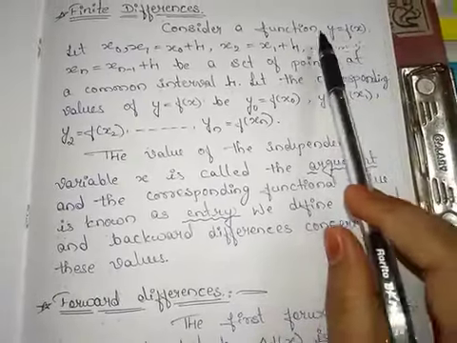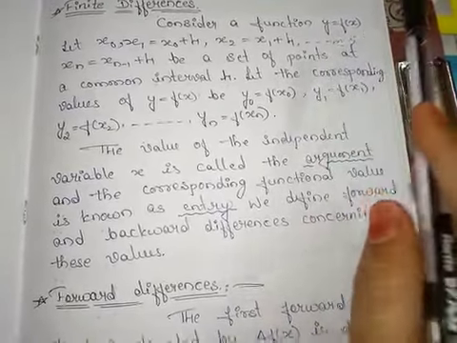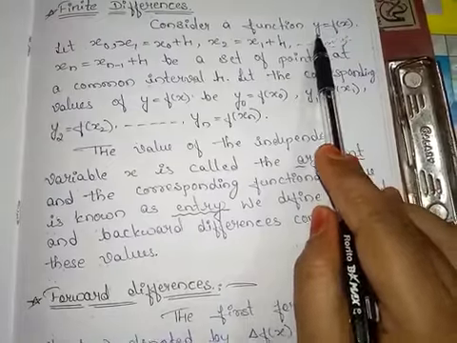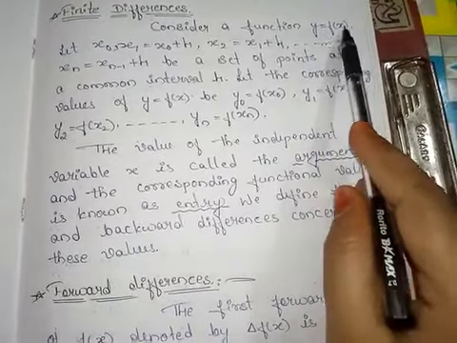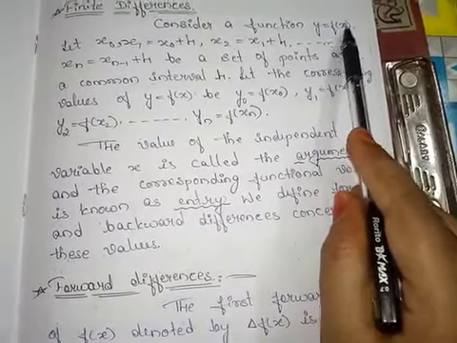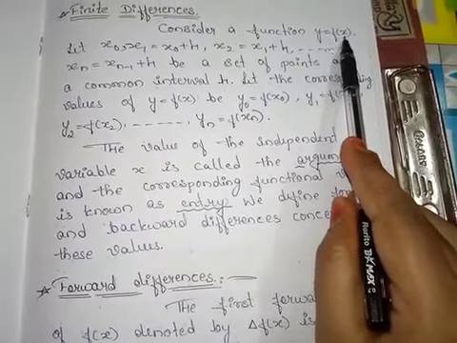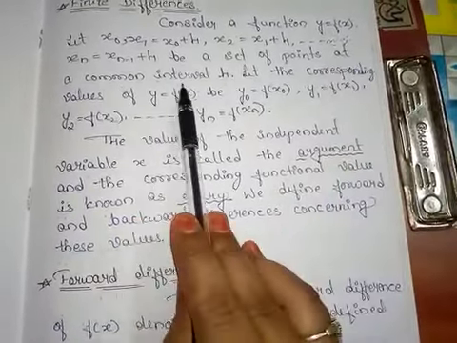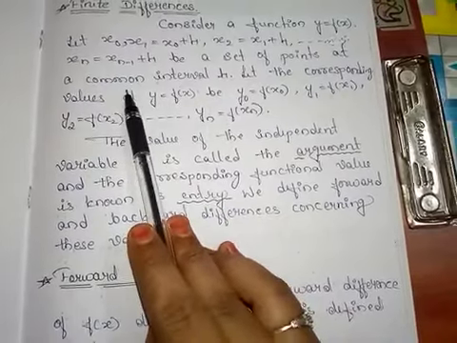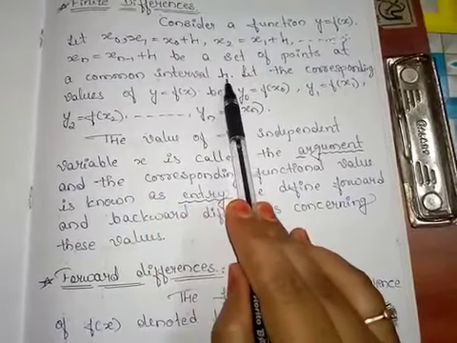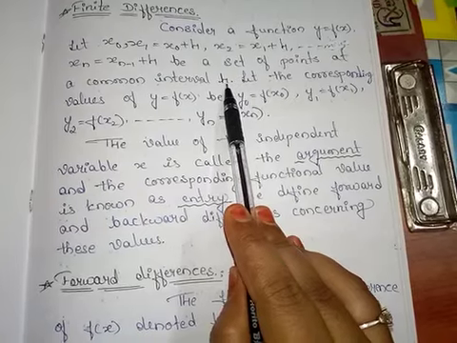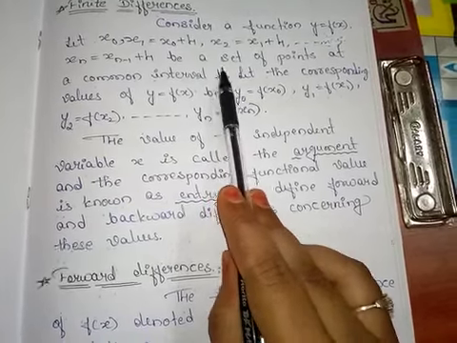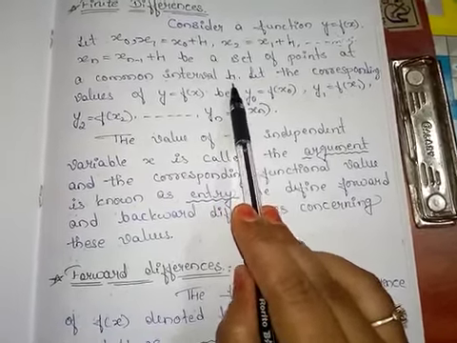Means what? Here we have to consider a function which is defined as y is equal to f of x, and we have to consider a set of values for this x which have a common interval. We consider that common interval as h. Common interval as h means what? This h value must be fixed.